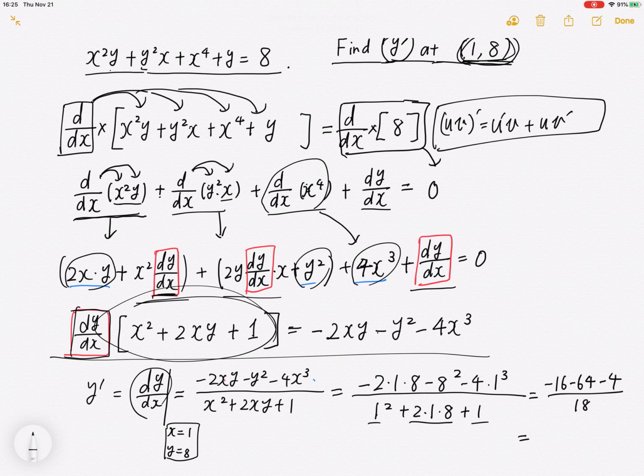The numerator is negative 84, over 18, which is divisible by 2. So 42 over 9. Oh, I think it's divisible by 6.